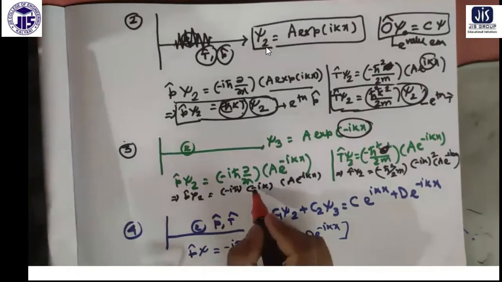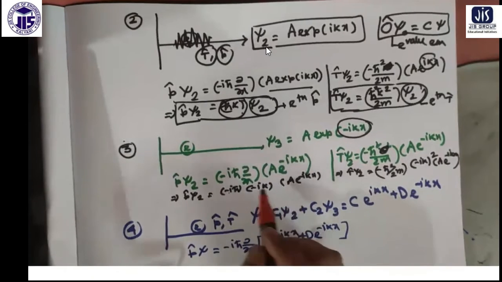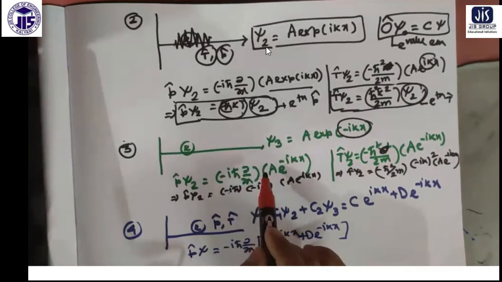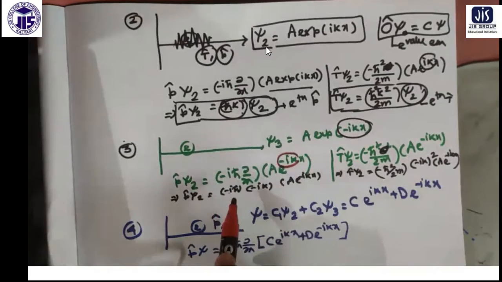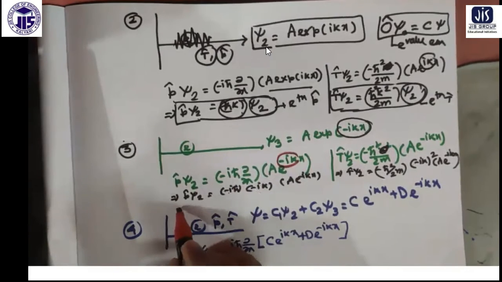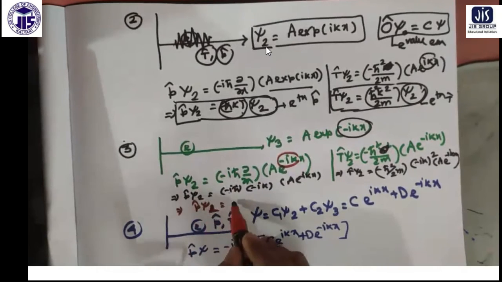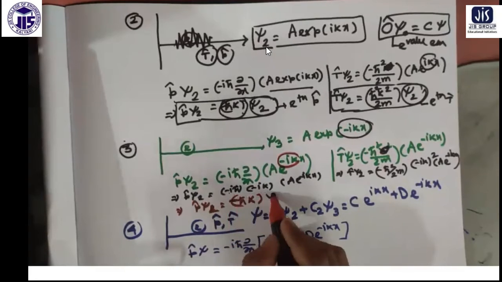You can see here minus i h cut del x and minus ik is coming, so it becomes minus minus, a plus i minus 1. So it becomes p psi2 equal to minus h cut k, and you are getting psi2 back.